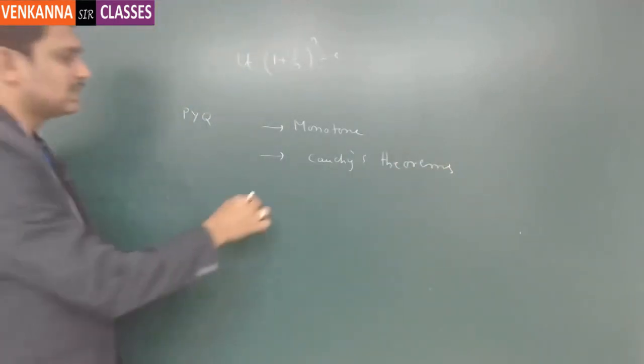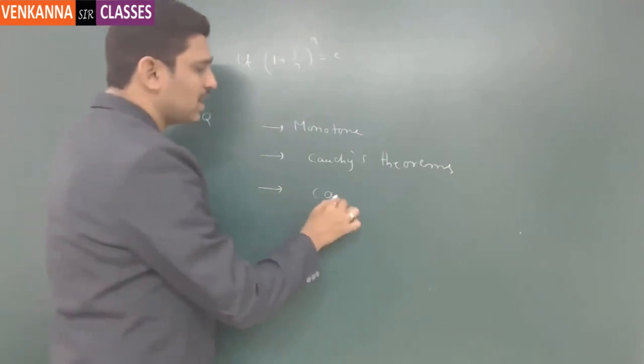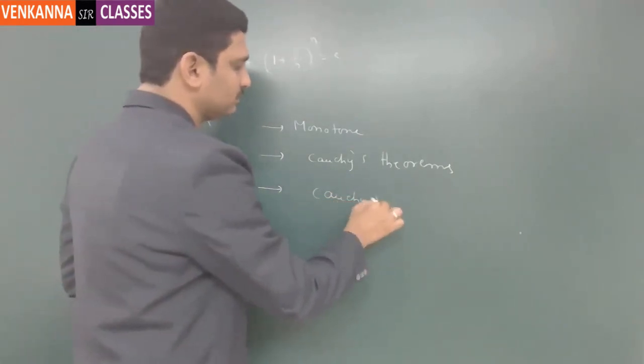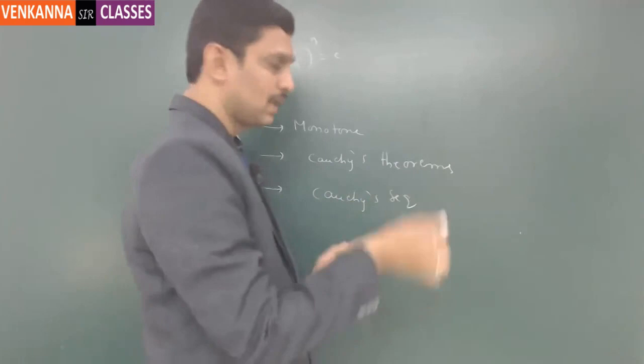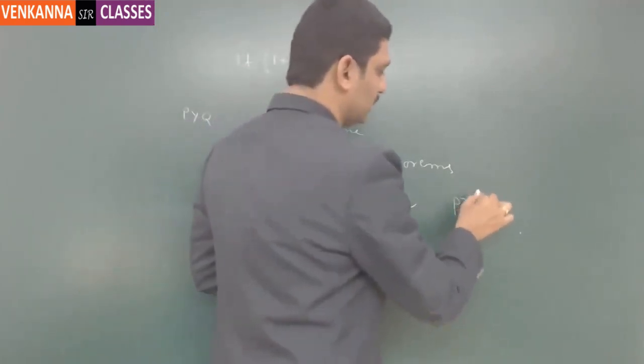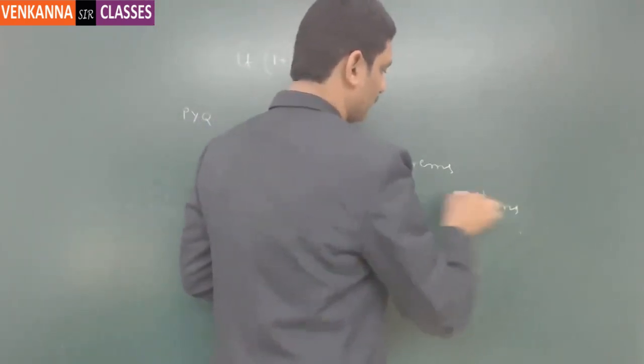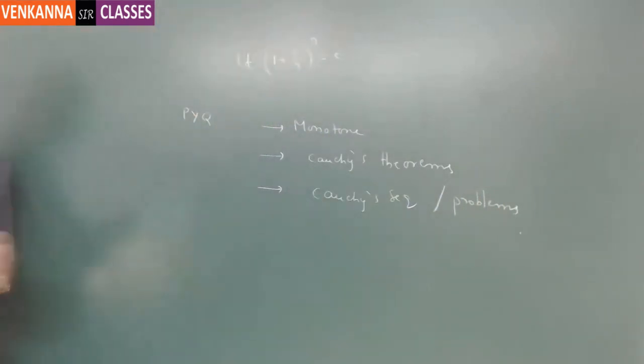Then I wish to discuss about the definition of Cauchy sequence and problems based on that. So that I have wished for today's session. The objective of today's session is like that. Right. So shall we start? If you have any other queries, you can ask.